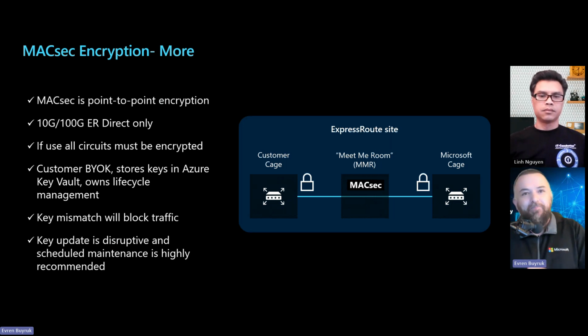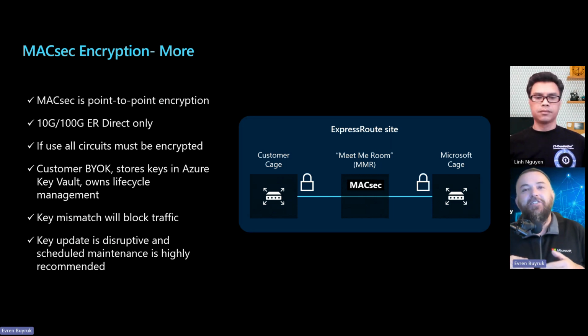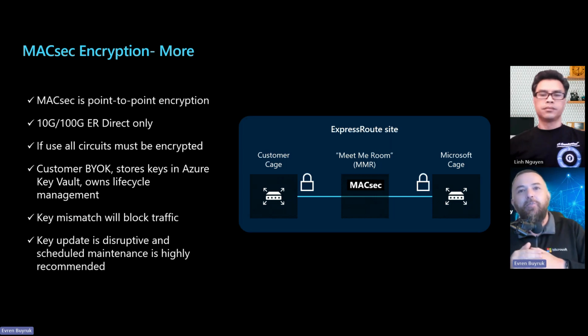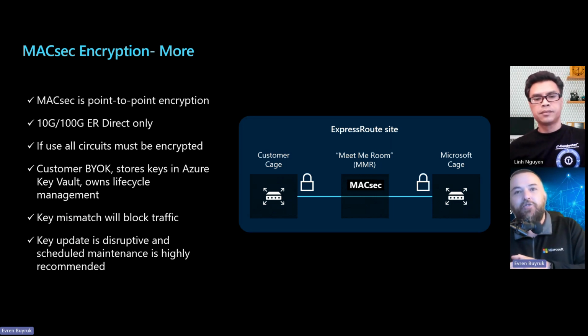We also have the Microsoft Enterprise Edge, which is MSEE devices. These support static CAK and store the CAK and CKN in Azure Key Vault when you configure Azure ExpressRoute with direct ports. When a customer needs to access the values in the Azure Key Vault, they need to configure the managed identity to authenticate the ExpressRoute circuit resources.